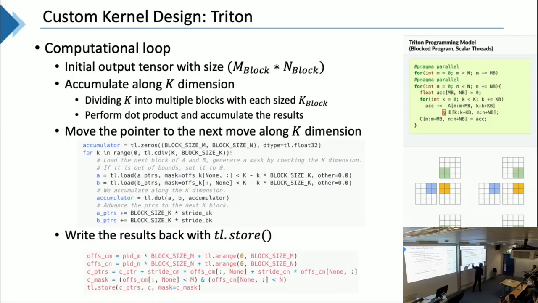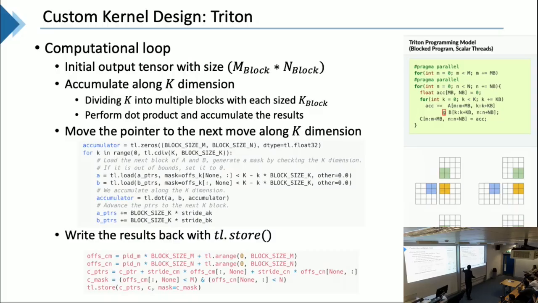So in the innermost loop, we need to iterate through this k dimension, right? That's the reason why we have this computation in the innermost loop. So we move the pointer along this k dimension to accumulate the results.